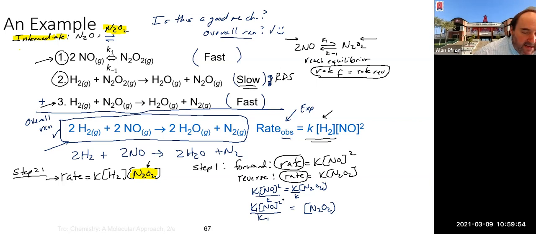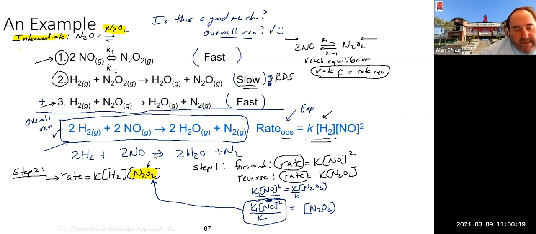And what we can do with that is take that whole thing and basically substitute it into our rate law for the second step again, because now we have really what N2O2 equals. Any questions on that move there?